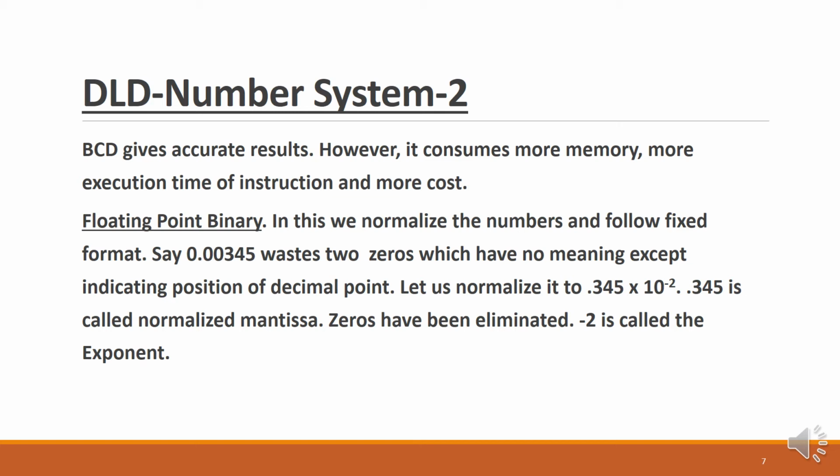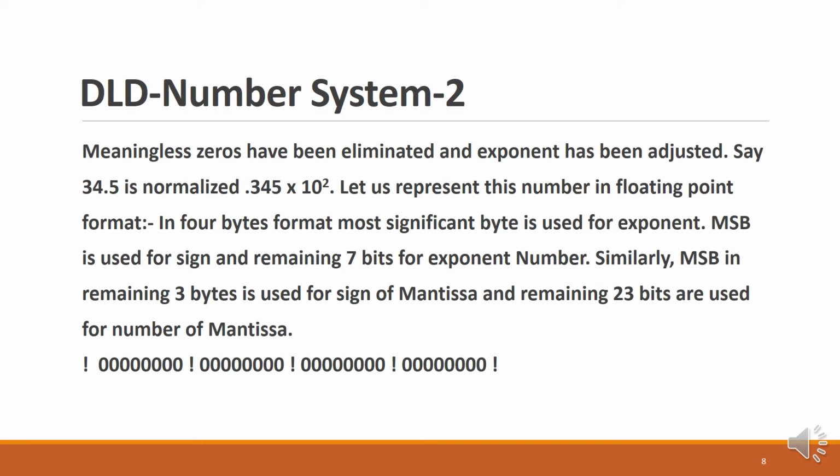Zeros have been eliminated, and this minus 2, which is obviously 10 raised to the power minus 2, is called the exponent. Please keep in mind that 0.345 is known as the normalized mantissa and minus 2 is called the exponent.